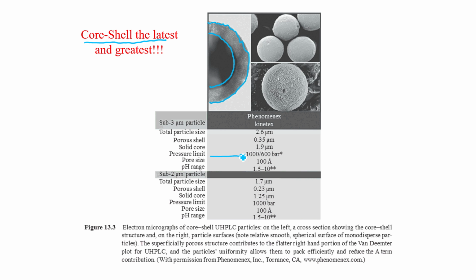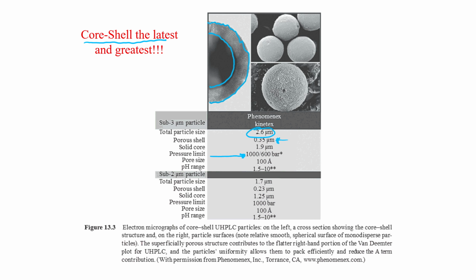So in terms of pressure limits, that's around 20,000 psi, and they withstand good pH ranges. And these are particles that are less than 3 microns, and they have a porous shell that's about a third of a micron thick, on top of a core that's about 1.9.